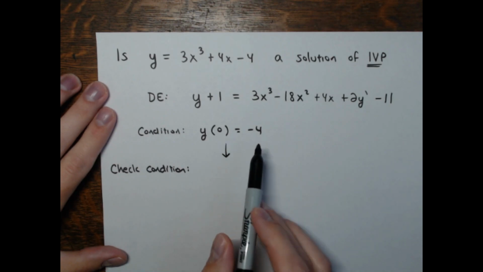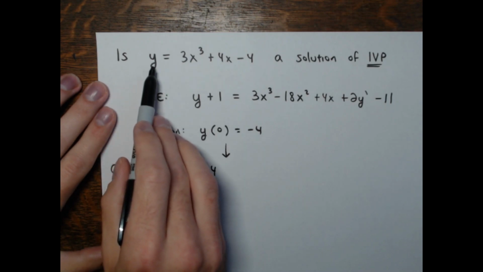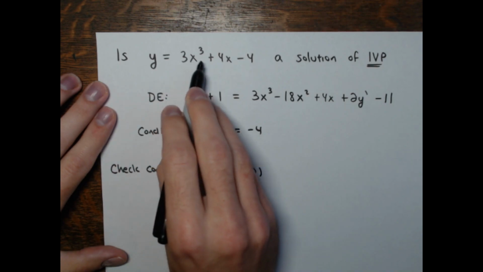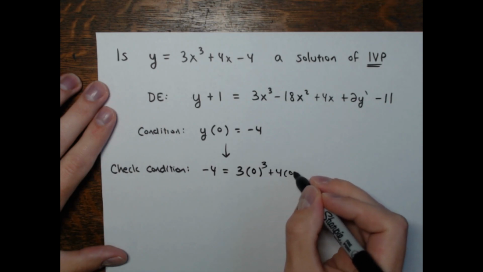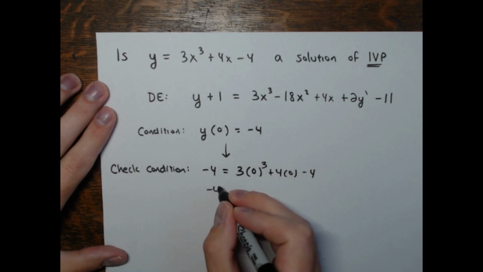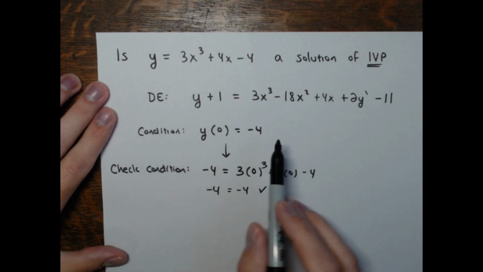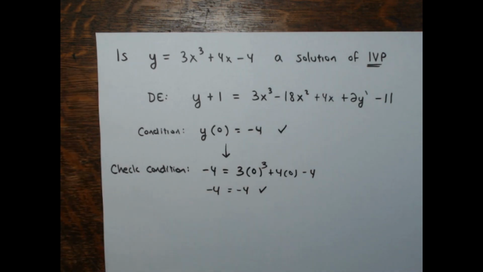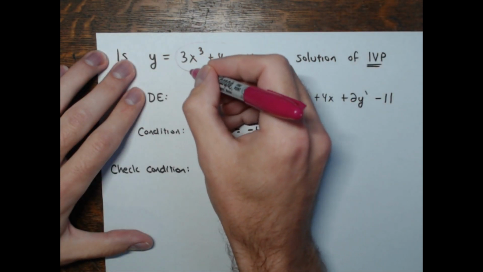To check the condition, I'm plugging in negative 4 for y, so we have negative 4 on the left equals 3 times 0 cubed plus 4 times 0 minus 4. Well, that is also negative 4. You'd have negative 4 equals negative 4. That's good. So the condition is met. Wonderful.